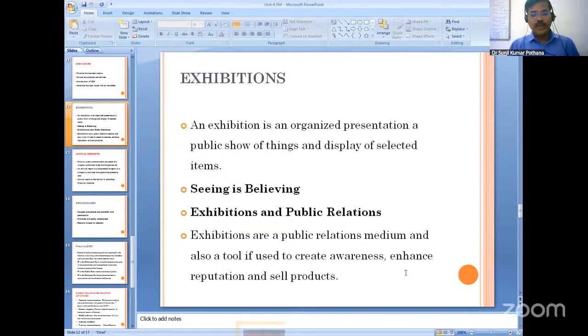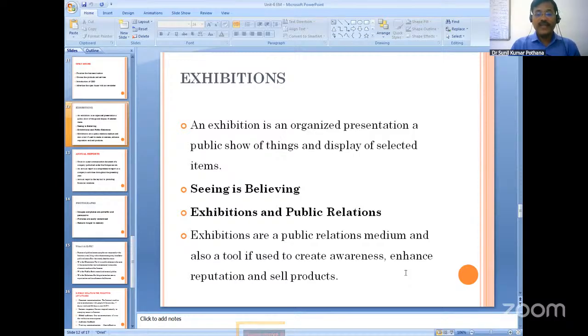Generally, people believe when they see the product physically. In case we give an advertisement about the pen in the newspaper, the readers don't believe whether the pen works well or not.